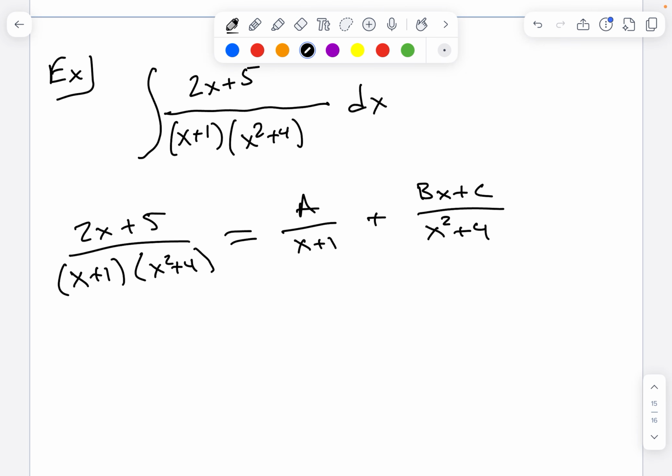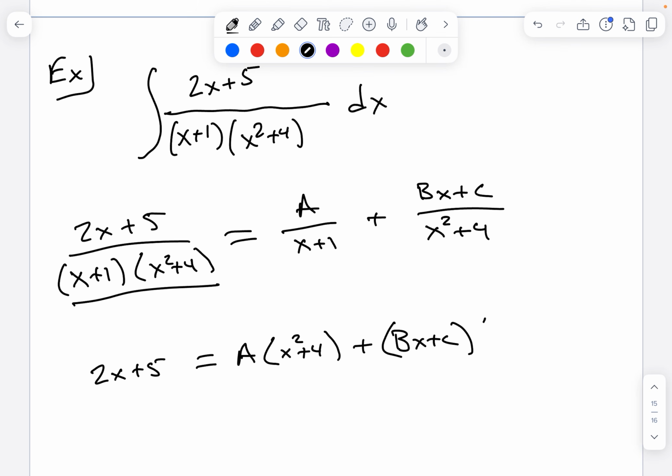So I'm going to multiply both sides by x plus 1 times x squared plus 4. This will leave me 2x plus 5 is equal to A times x squared plus 4, plus Bx plus C times x plus 1.